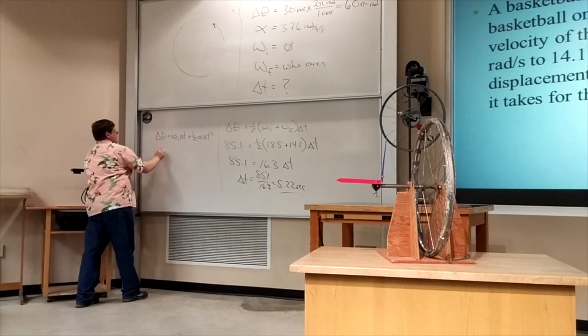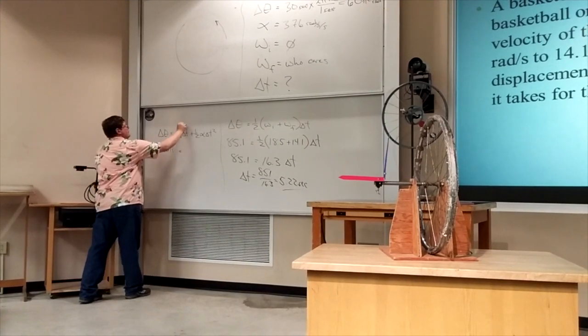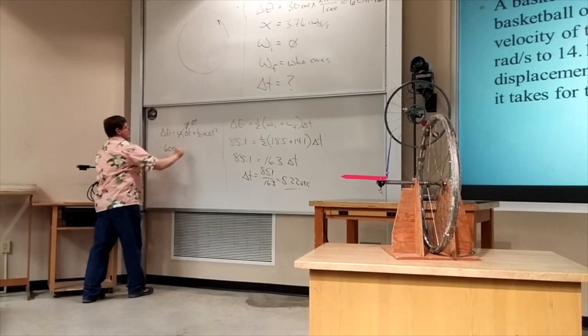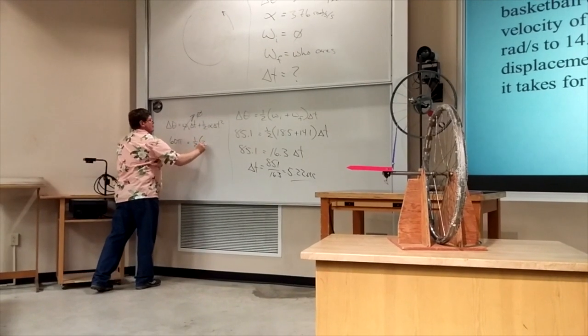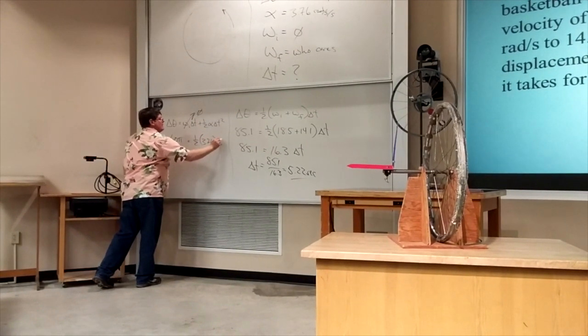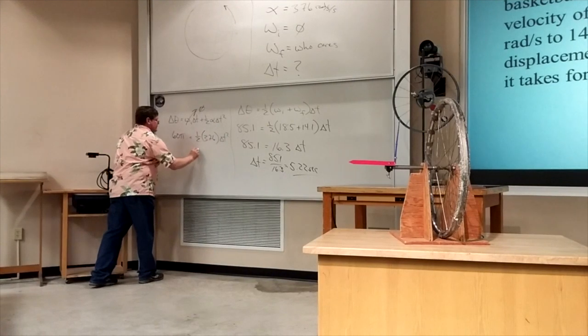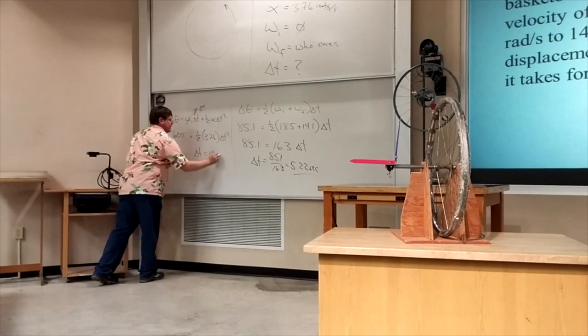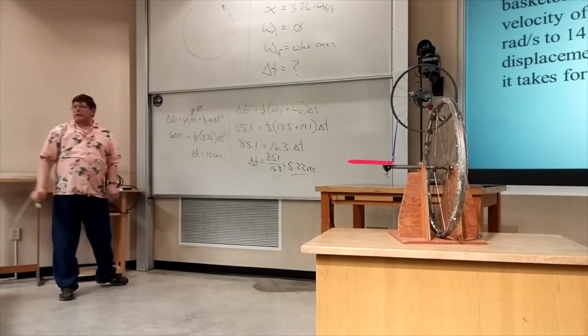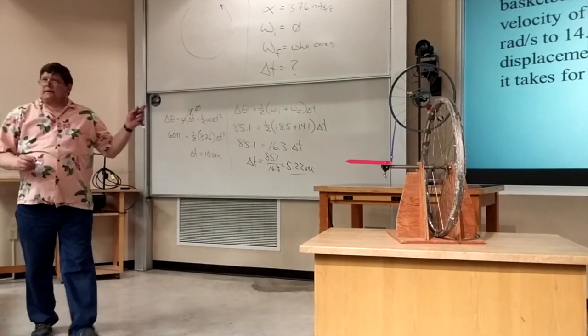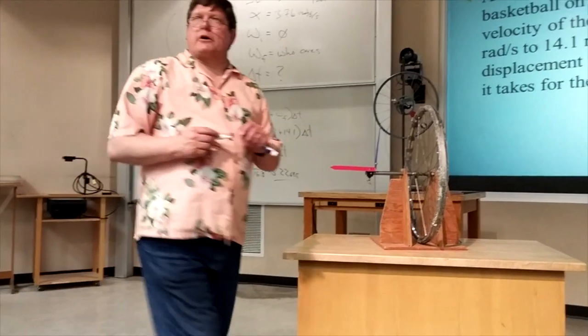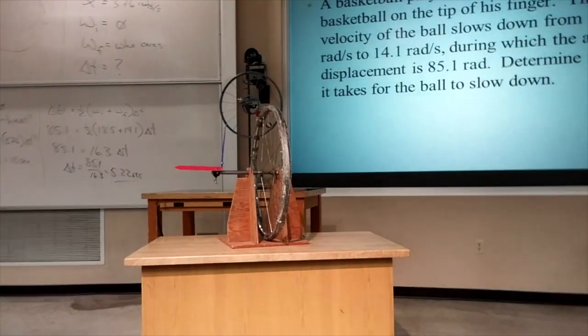This would be 60 pi. That's 0 because it starts from rest. I would have 1/2 times 3.76 delta t squared. If I solve for delta t, I get 10 seconds. And it's a very easy thing to go back and solve for omega final, which is part B. Okay?